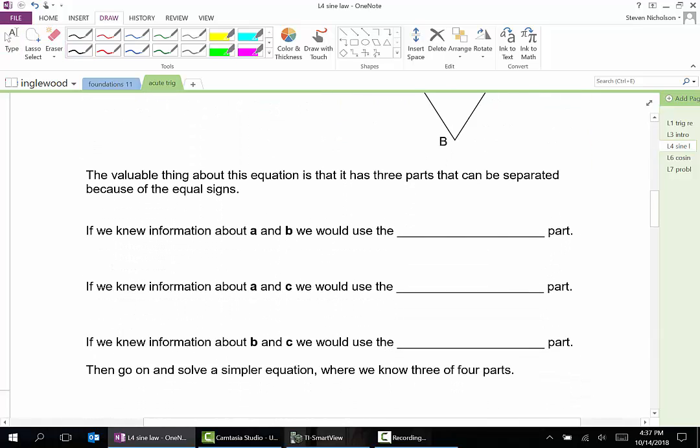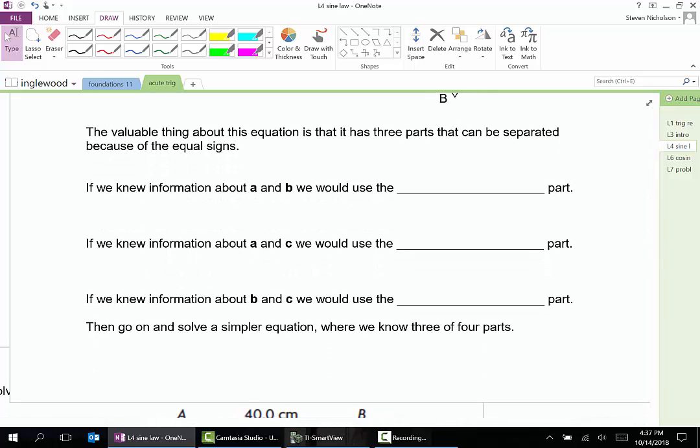The valuable thing about this equation is that it has three parts, and we can separate them because of the equal sign. If we know information about A and B, then we don't need the whole equation, we just need this part.